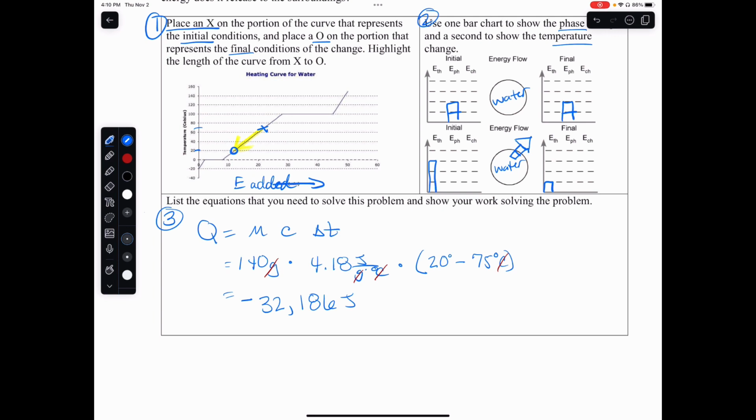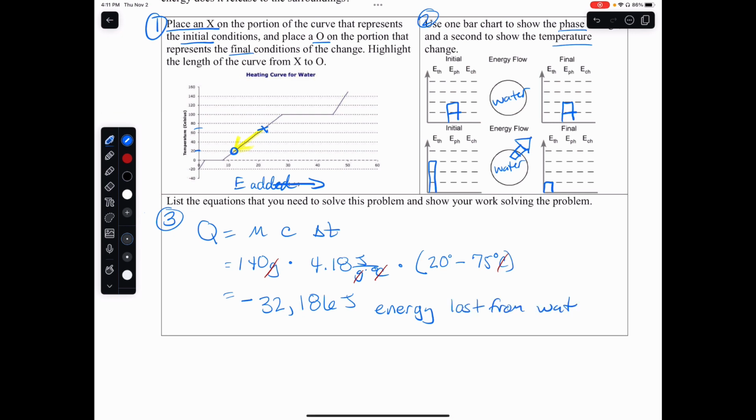Energy cannot be destroyed, but energy is leaving the system. So a negative number means this is how much energy is lost from the water. I'm not asking you to write that word part into the answer. I'm just emphasizing that is why the number is negative. So go ahead and try the other ones.